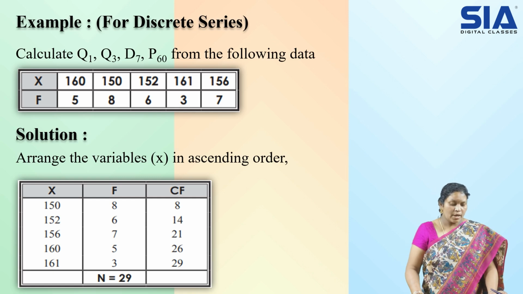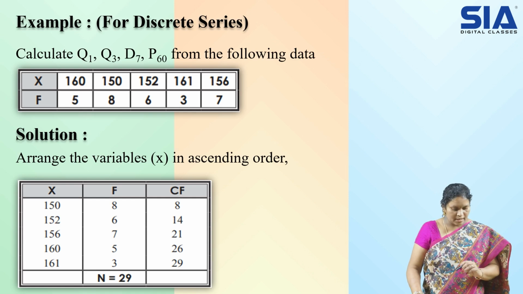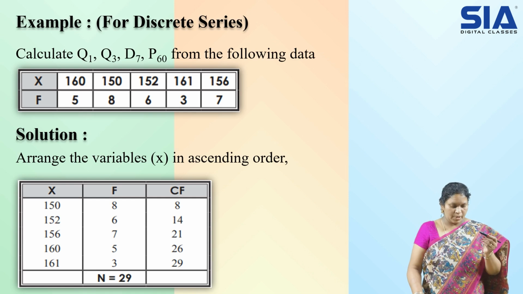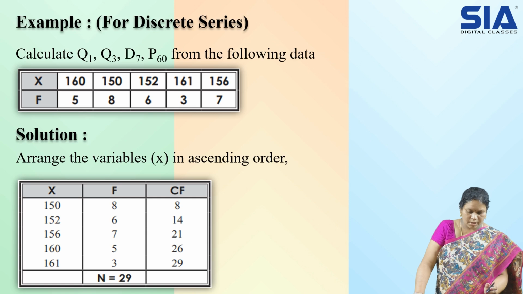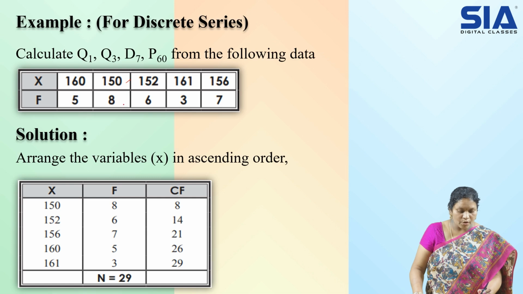So here also the X values, whatever the first row you have, you have to arrange in ascending order. Simultaneously frequencies will change based on that. First, the least value in X is 150, right? So first 150 you have to write down, and under 150 what you have is F value 8. So 8 you have to include here in the frequency column.